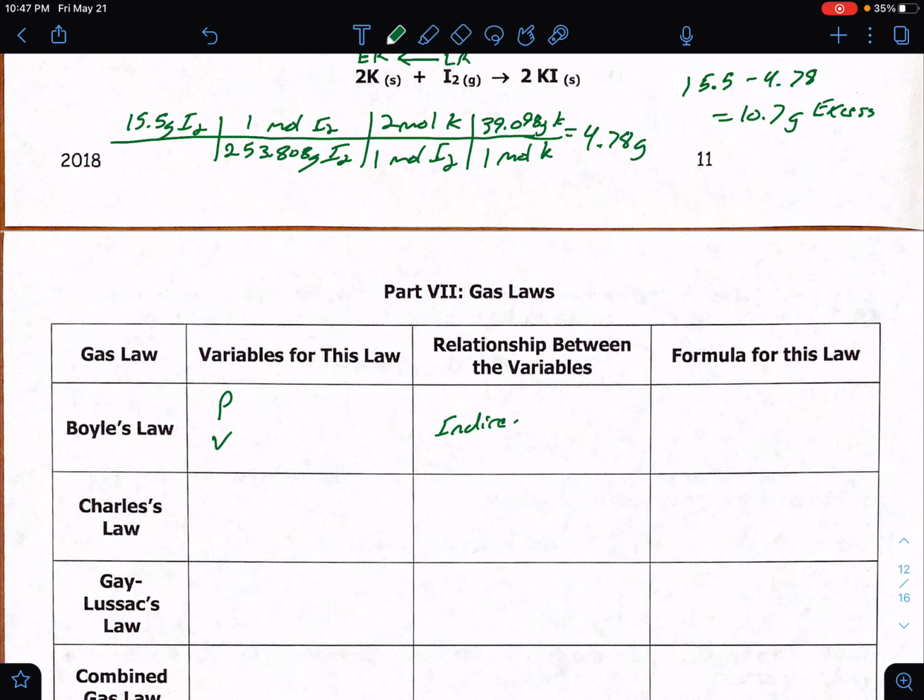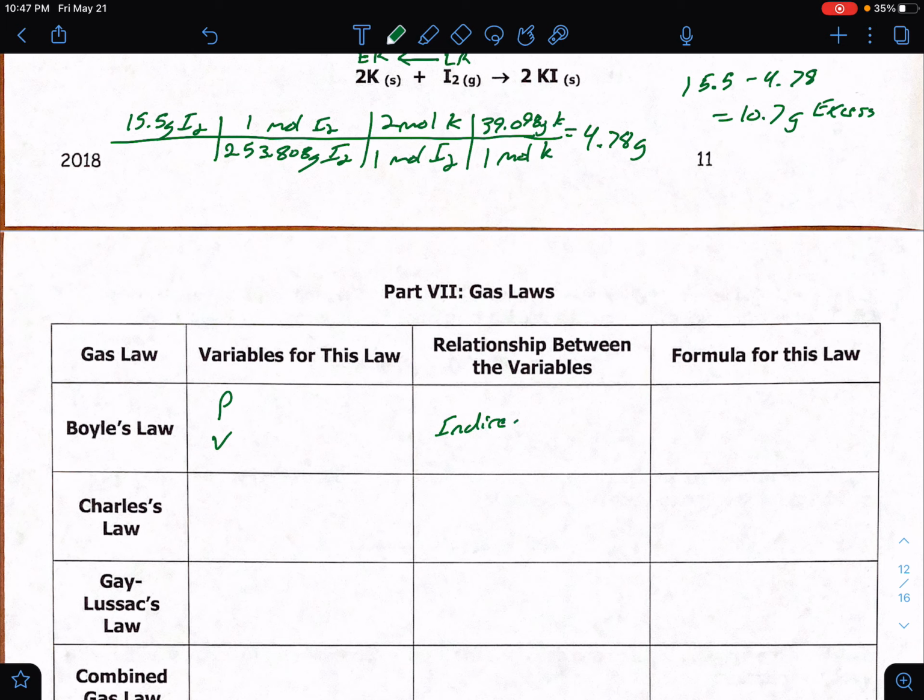Charles' law is volume and temperature. This is a direct relationship, so if one goes up, the other one goes up. The equation for that is V1 over T1 equals V2 over T2. Then we have Gay-Lussac's law, and that is pressure and temp. This is another direct relationship, so if one goes up, the other one goes up.